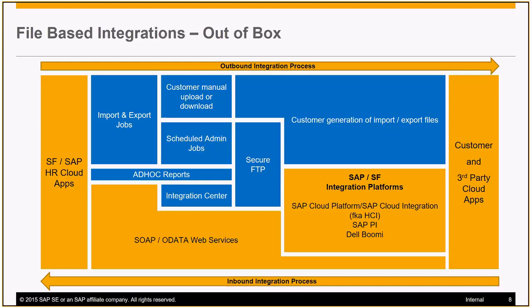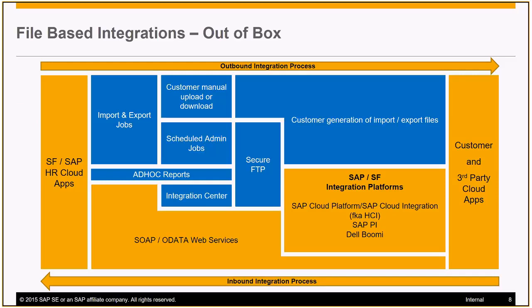Now, we also have a legacy way of reporting, which is called ad hoc reports. You can extract data using ad hoc. And early on, up until roughly about 4 years ago, ad hoc reports was about the only way to get data out of Employee Central in SuccessFactors.